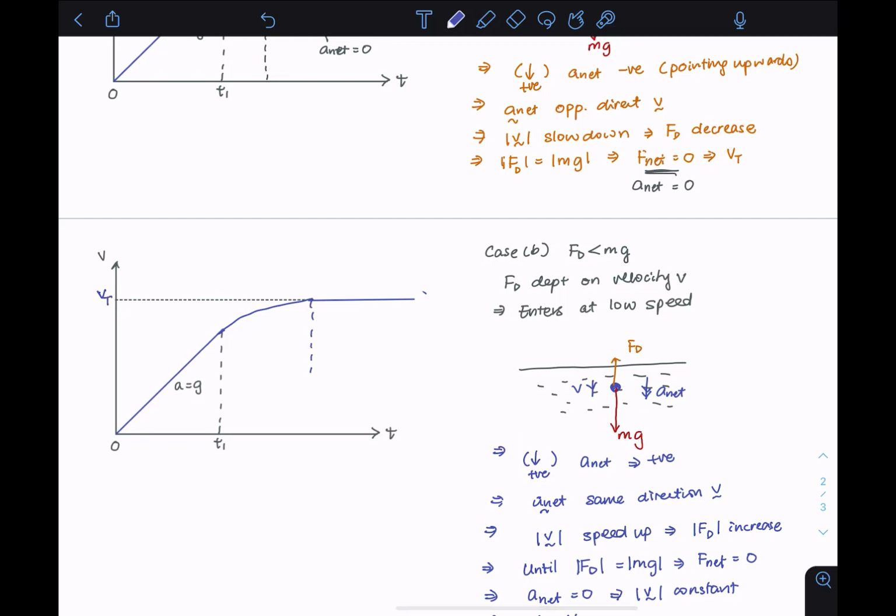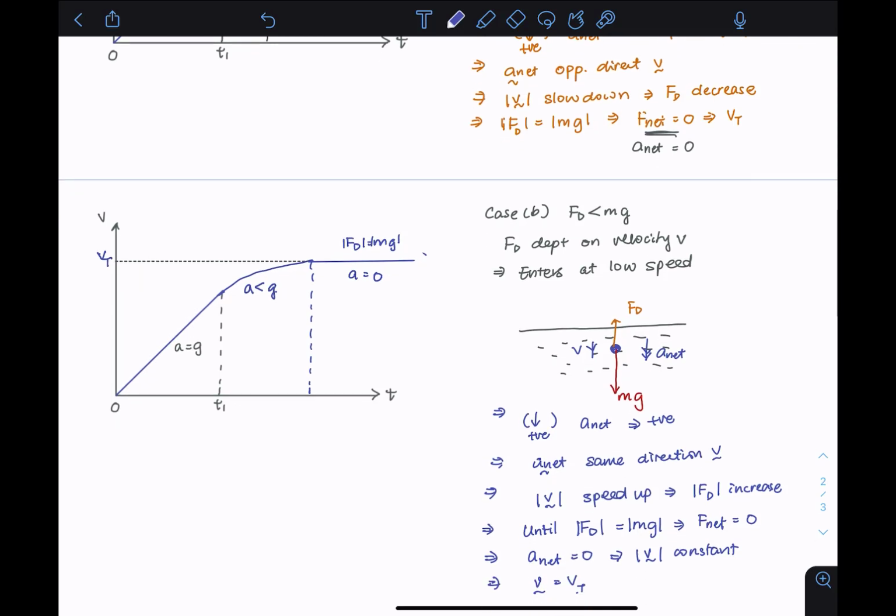If you want to label, here a is still accelerating downwards, but it's less than g, because the net force is less than mg because of the presence of drag force. Eventually, this is the point where my drag force is equal to the weight, so a equals 0, and this is where I have terminal velocity.